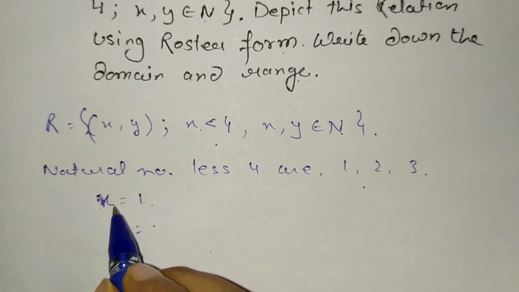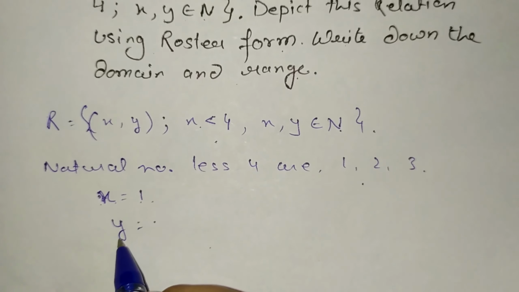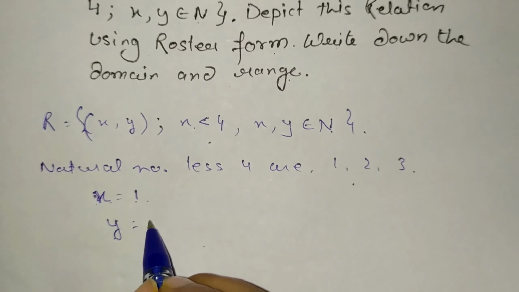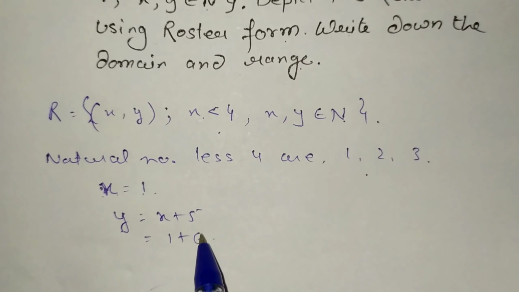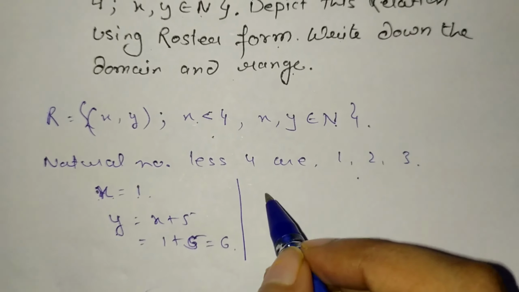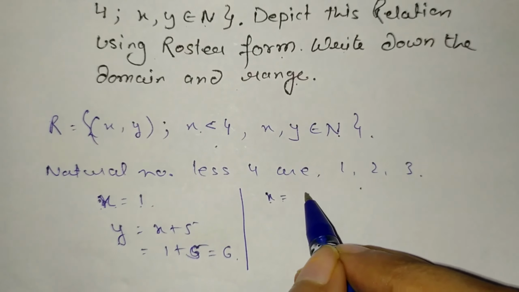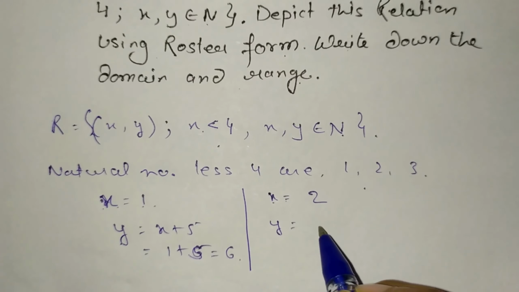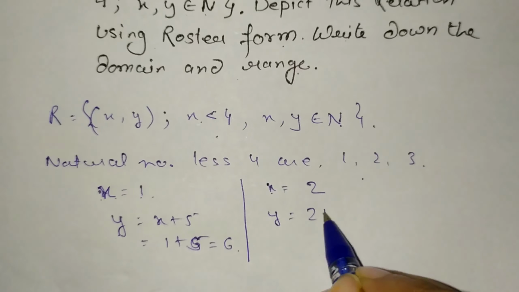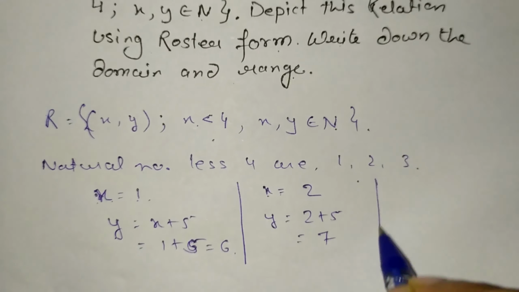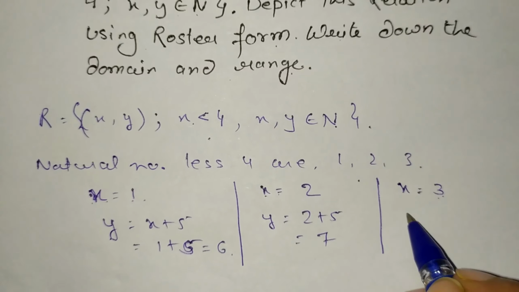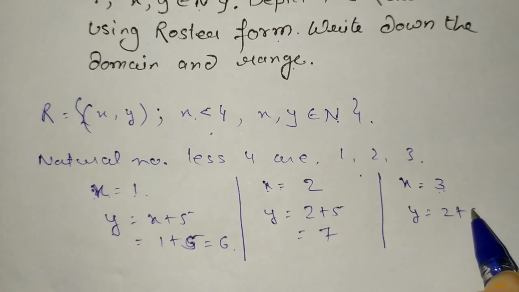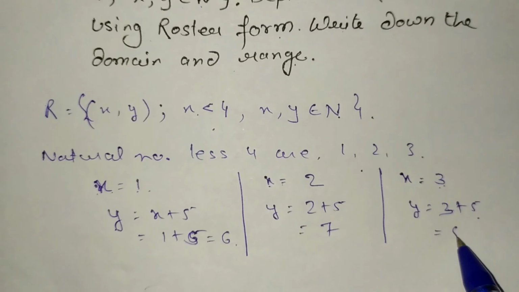So if we put x equal to 1, we will get y equal to x plus 5, that is 1 plus 5 equal to 6. Similarly, if we take the value of x equal to 2, we will get the value of y equal to 7, and if we take the value of x equal to 3, we will get the value of y equal to 8.